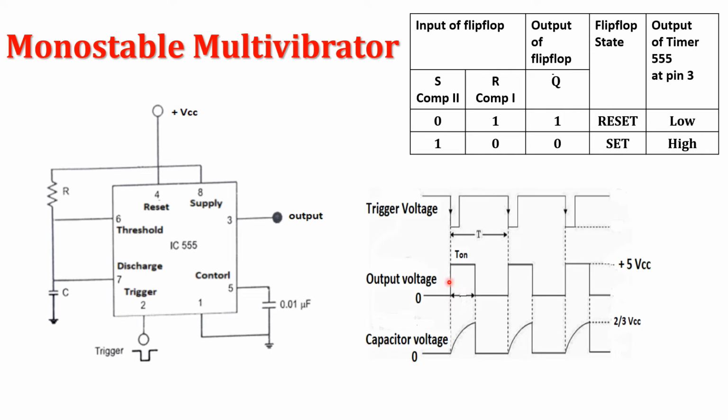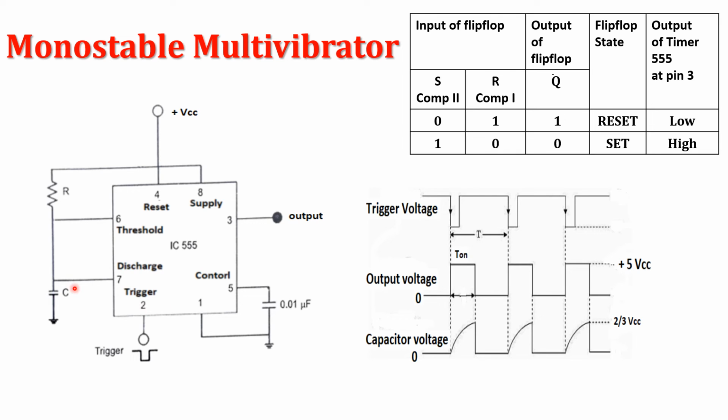Now, what is the quasi-stable state? That quasi-stable state is a temporary state. Hence, we call it unstable. The width of the quasi-stable state gives the actual pulse width of the monostable multivibrator. Hence, the pulse width of the monostable multivibrator depends upon the time constant of the circuit.